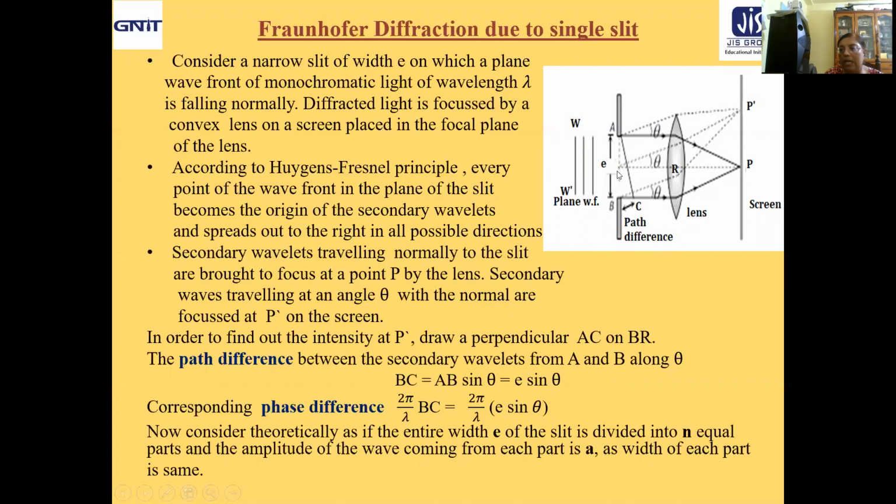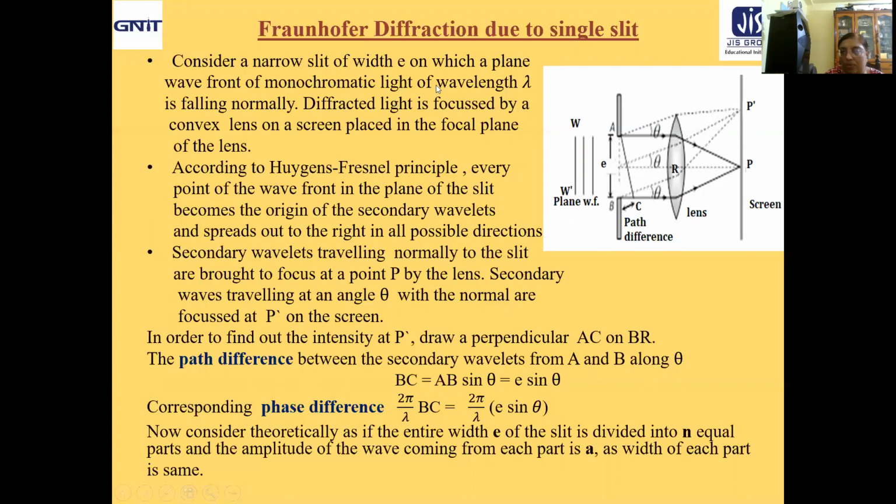So here we are considering, out of all possible directions, two sets. One set of beams which are coming out normal to the slit and converging at some point P on the screen. And another set of beams which are coming out by making an angle theta to the normal and converging at some point P prime on the screen.